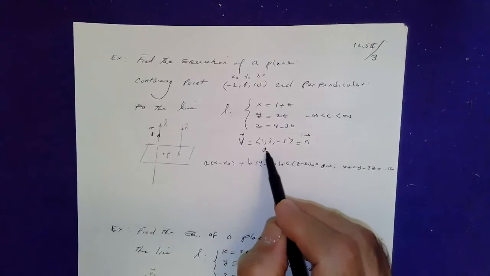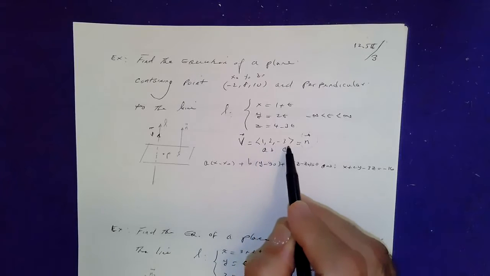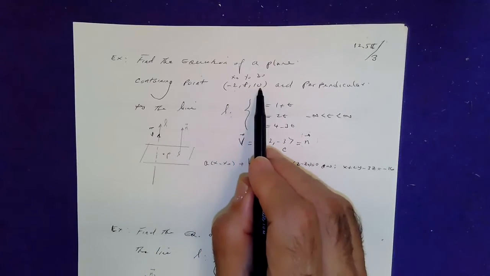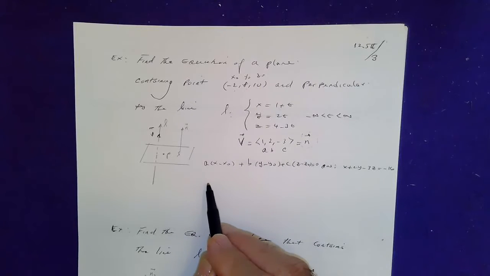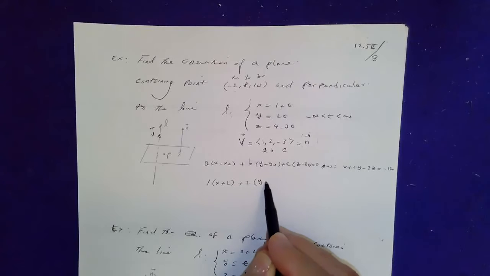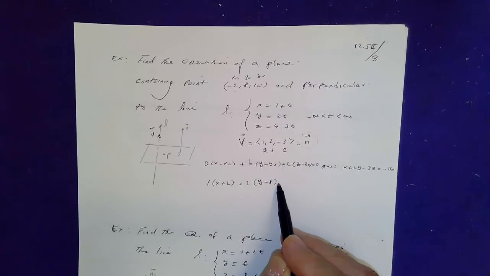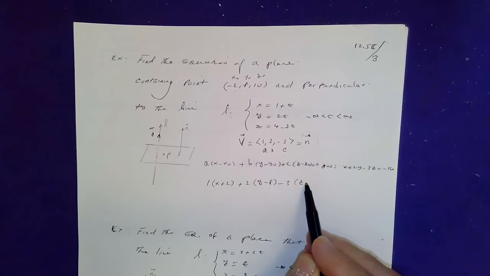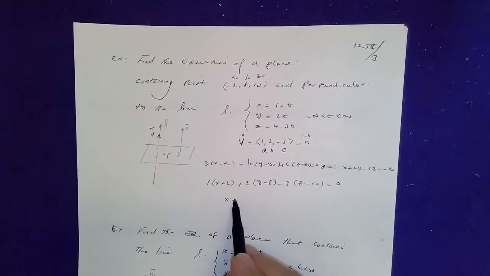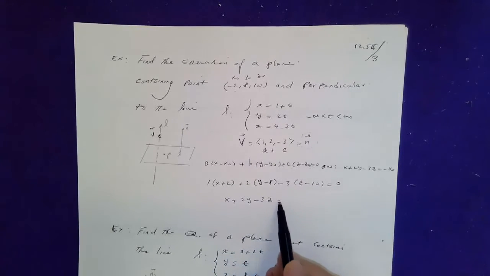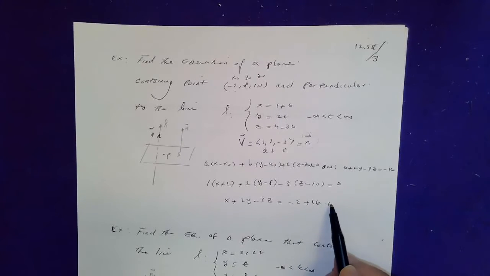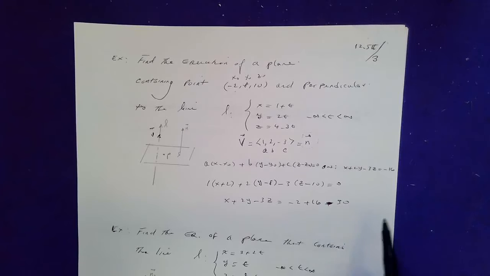In this case, A, B, C happens to be 1, 2, -3, and x0, y0, z0 is -2, 8, and 10. So therefore, this would be 1 times x plus 2, plus 2 times y minus 8, and -3 times z minus 10 equals 0. Then you clean this up, you get x plus 2y minus 3z is equal to -2 plus 16 minus 30.